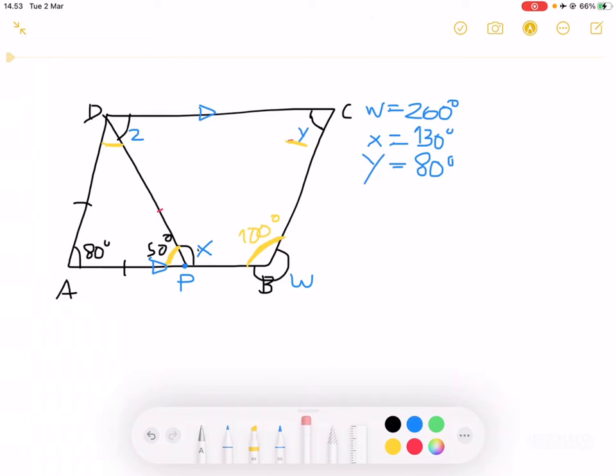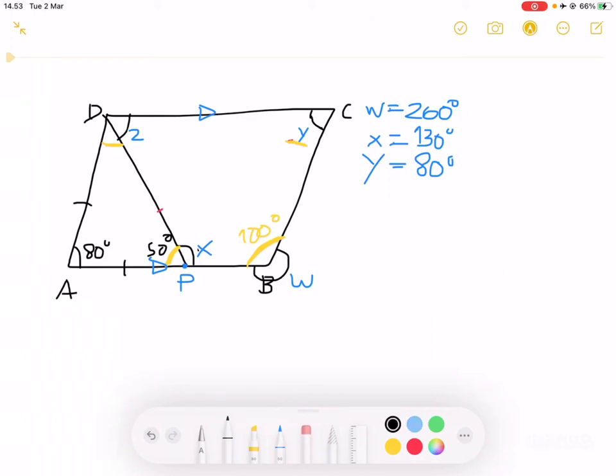And from here we can just find the Z by noticing that the quadrilateral BCDP, well, we know this is a quadrilateral, and therefore the sum of its interior angles must sum up to 360 degrees.